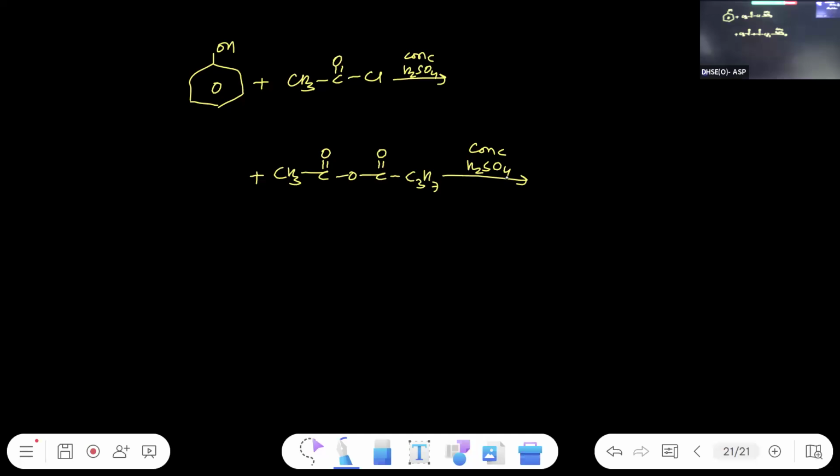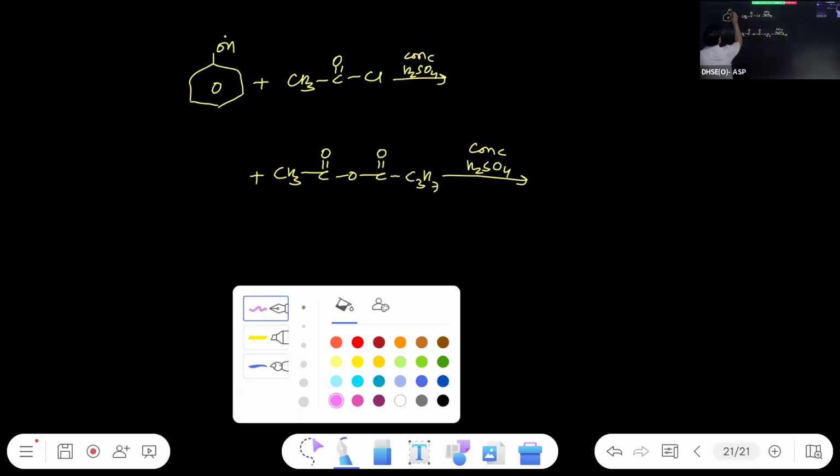Then quick. Then see, this is the nucleophilic center.